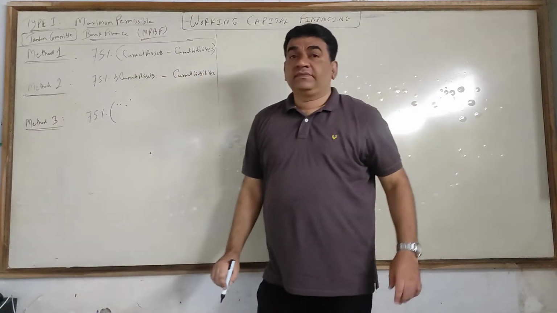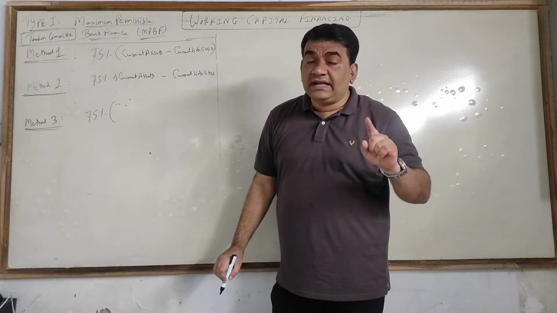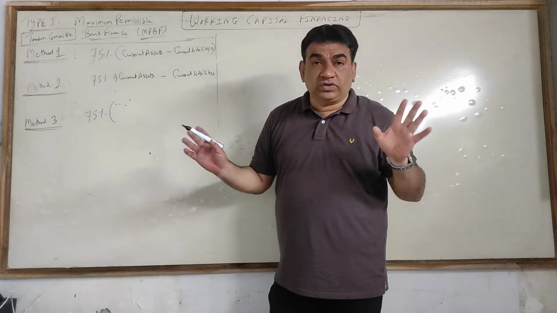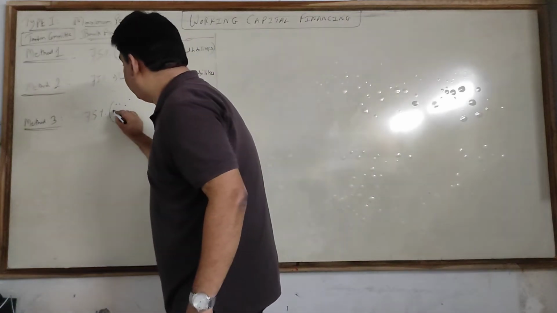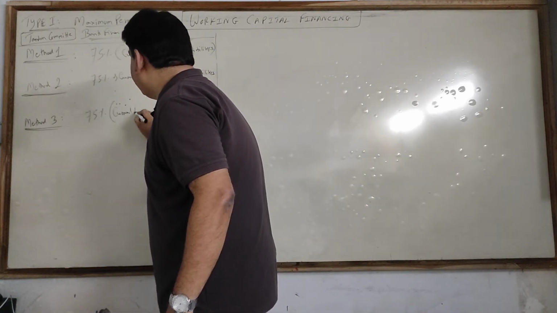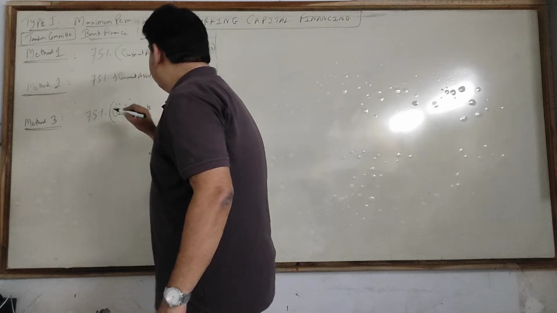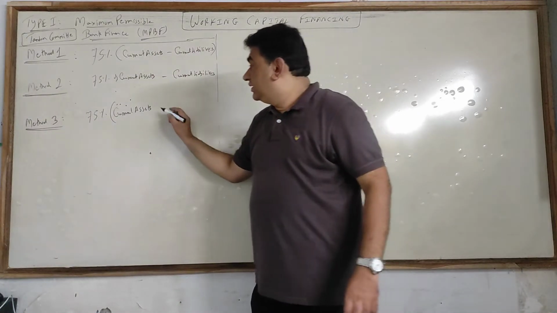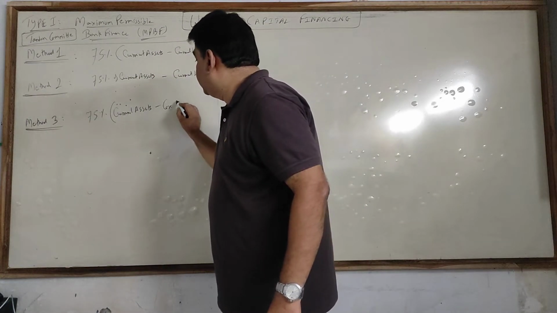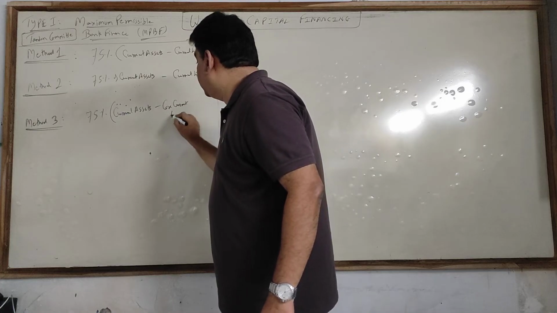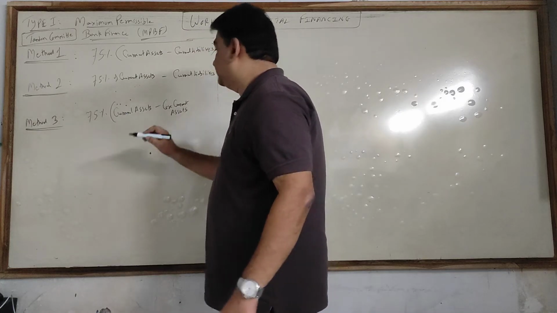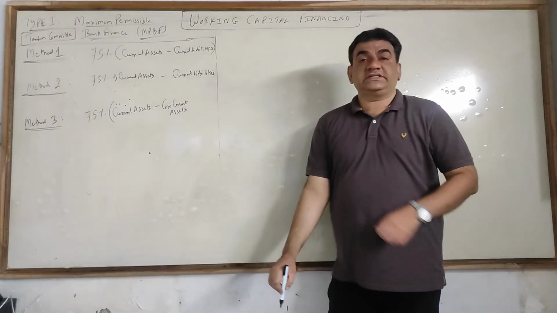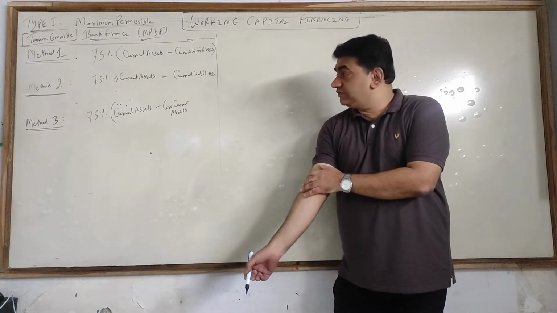75%. What I told you, current assets will include both core and non-core. So what will you do? You will take 75% of current assets, from that you will deduct core current assets. 75% of net current, that means what?